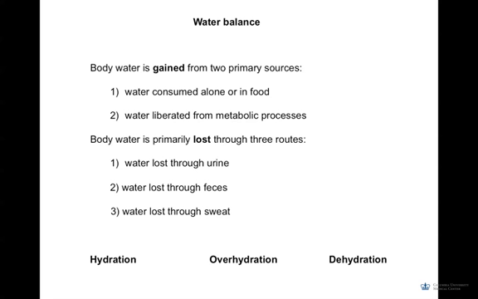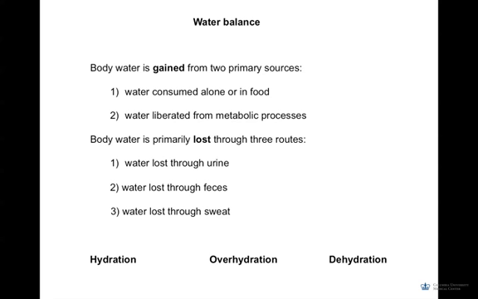Normally, urine is the primary way that we lose water. However, of course, if you're in some sort of diarrheal state or you have profuse sweating, that can become a significant source of water loss. Okay? But under normal circumstances, the main way that we gain water is by consuming it, and the main way that we lose water is through urinary loss.